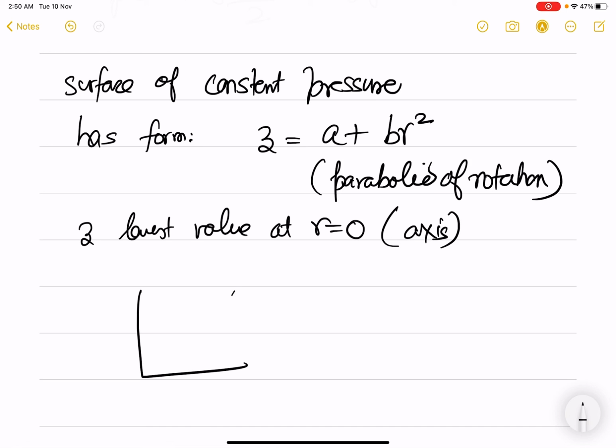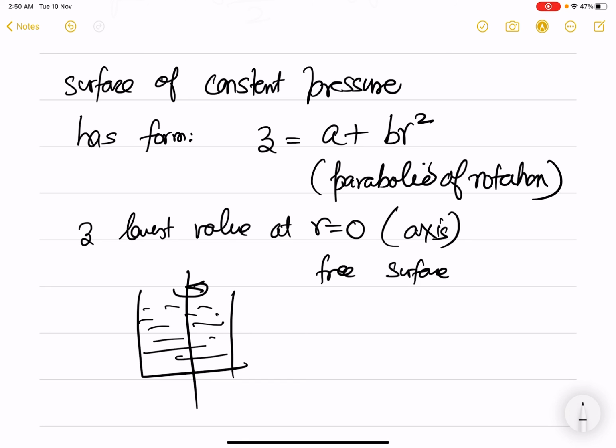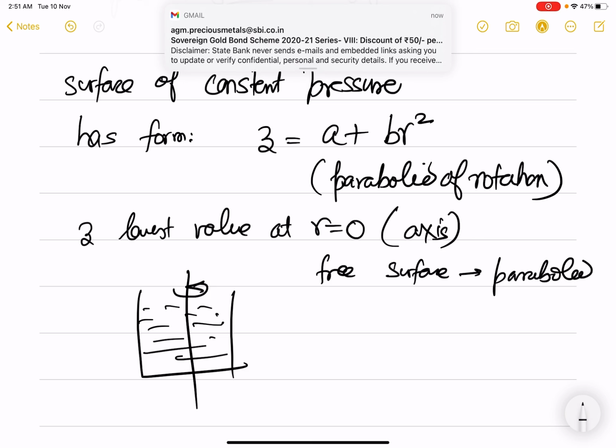So if we have a fluid in a jar like this and it is rotating with omega, then the free surface is a paraboloid.